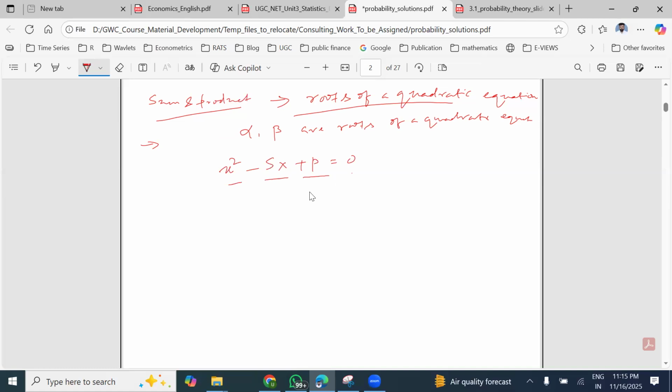So alpha plus beta will be equal to s. This is the sum of the roots, and the product of the roots will be alpha beta equal to p. Is it clear so far, Sangeeta? Yes, sir.